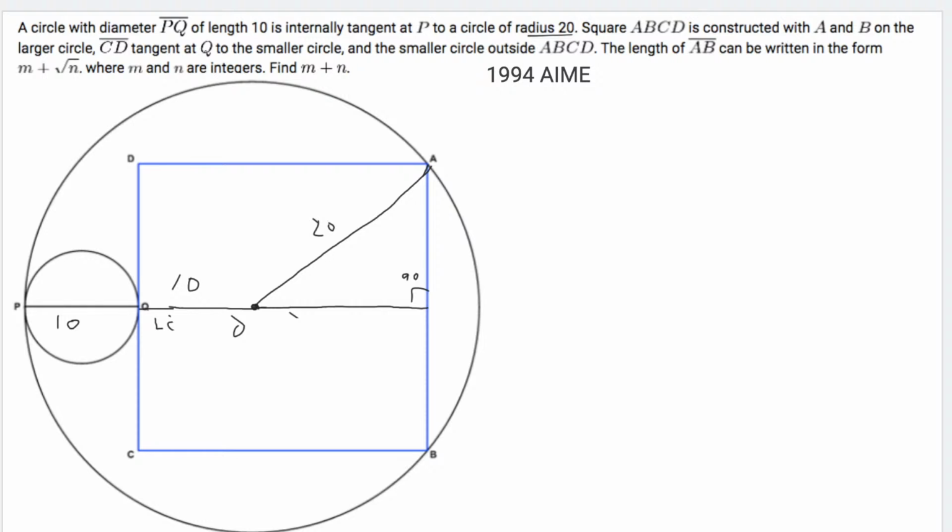Now try solving it. Maybe now it's a bit easier. And that means this is also... Oh, no, we don't know this length yet, but now I want you guys to solve it.